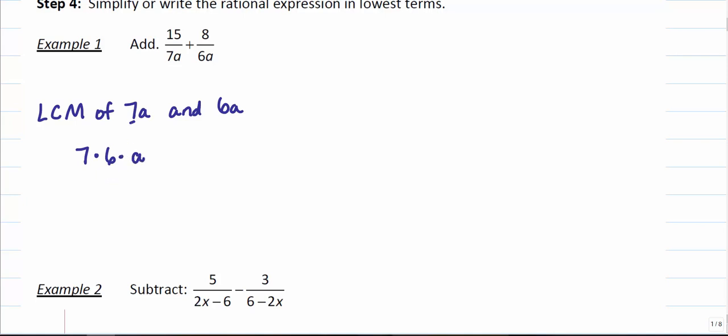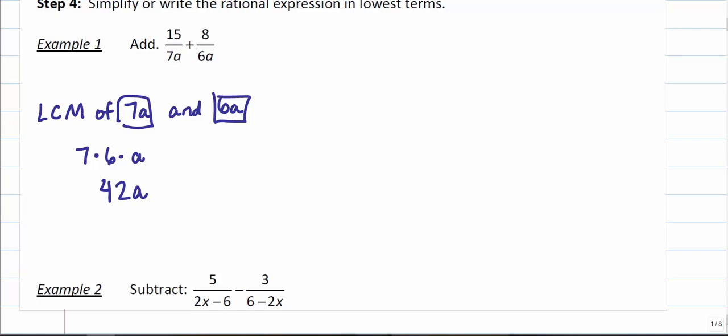So the most 7s I see is 1, the most 6s I see is 1, and in terms of looking at these as individual parts, the most I see in any one of them is 1a. So that means my LCM of the two denominators, which is going to be my LCD, is 42a.